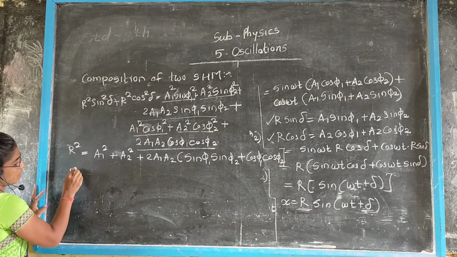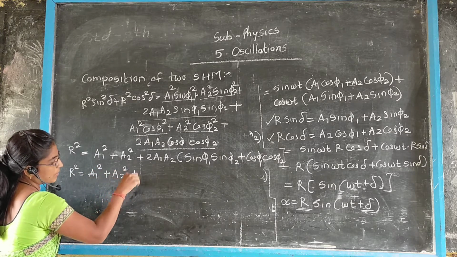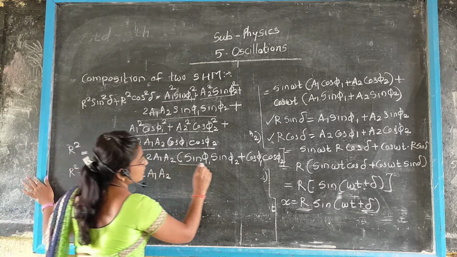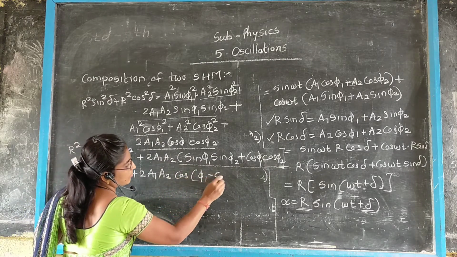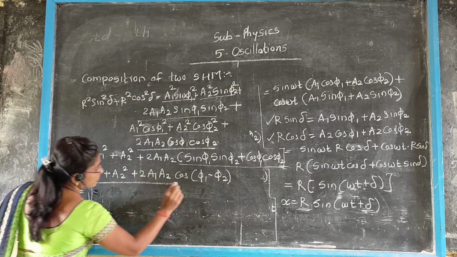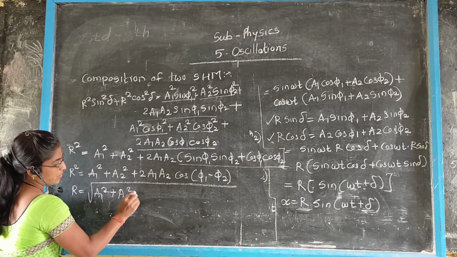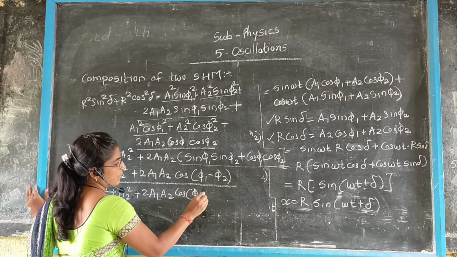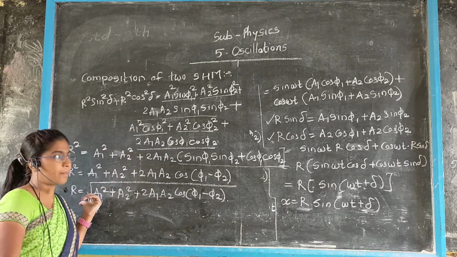Therefore r square is equal to a1 square plus a2 square plus 2 a1 a2, which is the formula for cos(phi 1 minus phi 2). Therefore r is equal to the square root of a1 square plus a2 square plus 2 a1 a2 cos(phi 1 minus phi 2). This is the equation of the resultant amplitude.